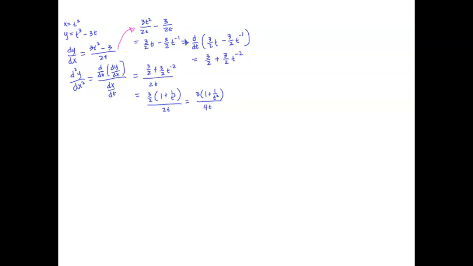And then I want to get rid of that fraction in the numerator. So if I multiply top and bottom by t squared, I can do that, right? And that'll give me 3 times (t squared plus 1) over 4t cubed. So all that algebra makes sense to you guys?